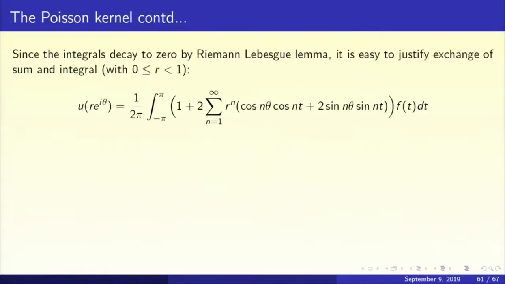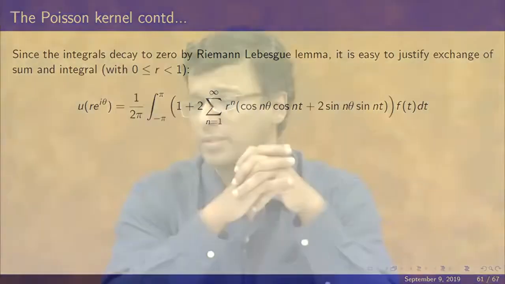Now we must combine these integrals into one integral and we must exchange the integration and summation. You can do that because when r is between 0 and 1, your sines and cosines are bounded, r to the power n is rapidly going to 0 and the an and bn are going to 0 by Riemann-Lebesgue lemma, and hence in particular they are bounded, for instance.